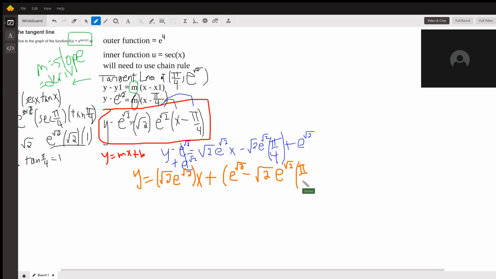And that whole mess, this is our y-intercept. So here's y equals mx plus, this is b. But I think this is a much nicer form up here.